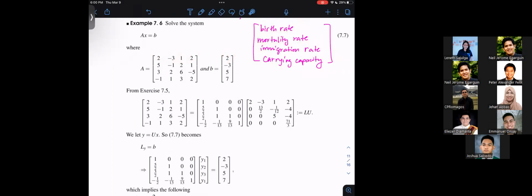But if you go to District 2, the relationship is as follows. 5 times the birth rate minus mortality rate plus twice the immigration rate plus the carrying capacity will yield a score of -3 for that particular district, okay? And so on. So you have 4 districts for your data.